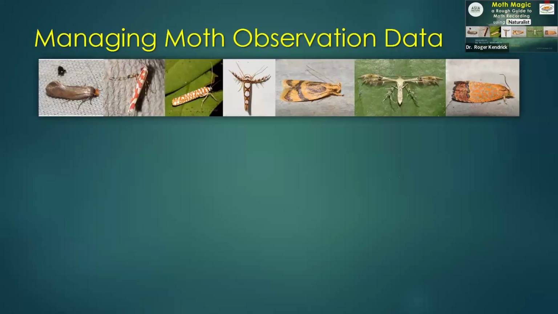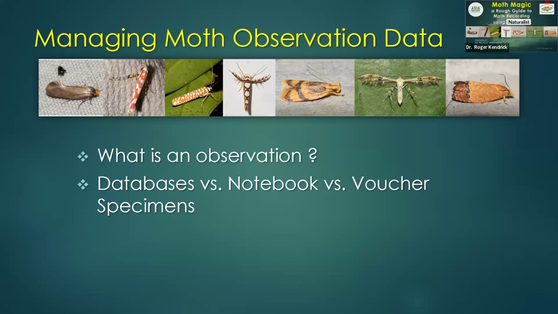Right. Now you've taken your photo, how do you manage your data? Actually, what is data? For any biotic observation, the following is actually true. Once upon a time, we were confined to old school notebooks and celluloid, and of course, the old natural history collections.